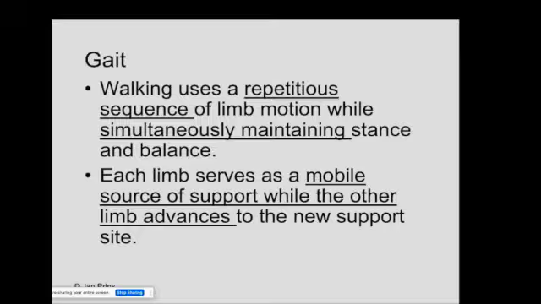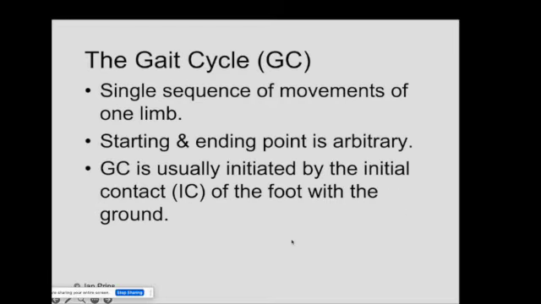So we have to do it over and over, but maintain stance and balance. Each limb serves as a mobile source of support while the other limb advances. And these are the preliminary divisions. I'm going to expect you to know these. When we go to 463, we look into it in more detail.